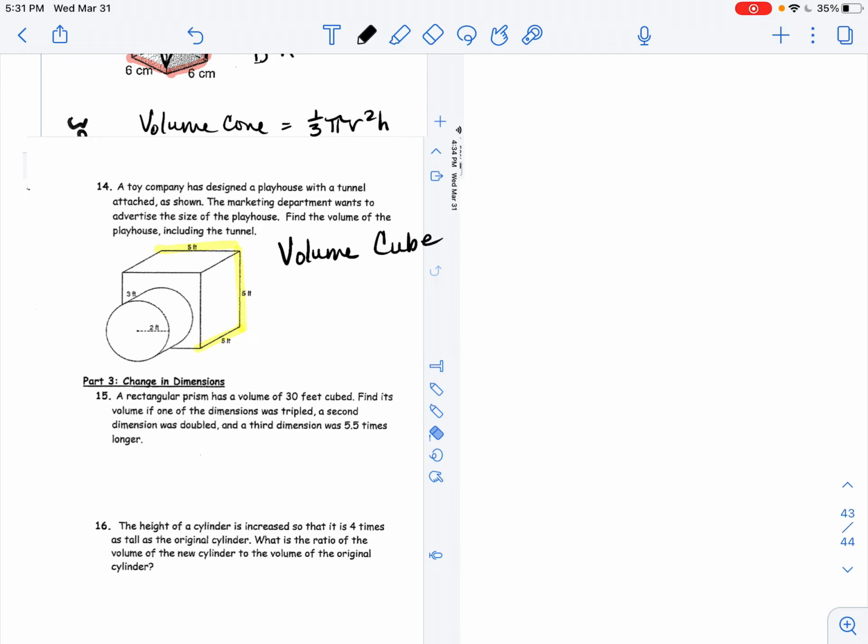And then we have the volume, which is base times height, which is going to be volume of the cube. Oh, hold on, sorry about that.